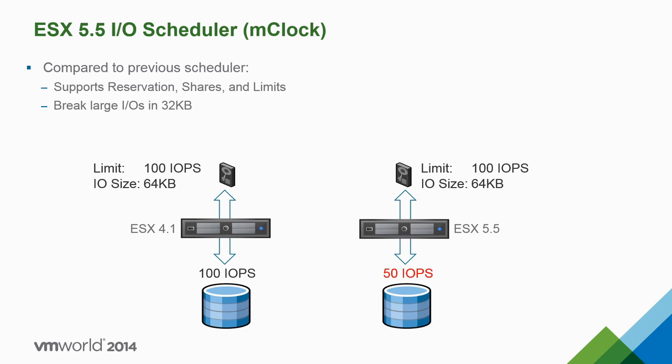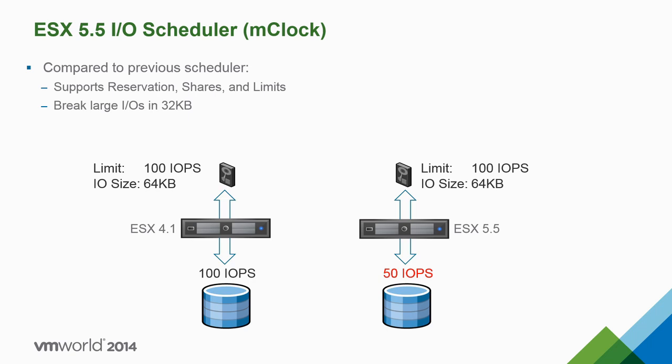Let's look at the old one. If you were using ESX 4.1, for example, the old ESX, and you had a limit of 100 IOPS on a VM. Suppose, for the sake of discussion, that VM is doing 64 kilobyte IOs. Okay?